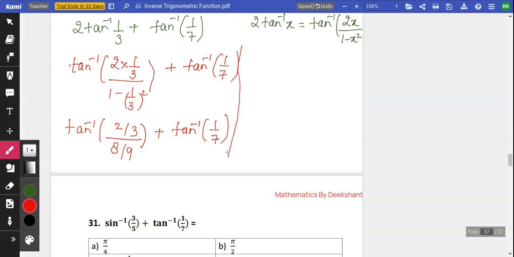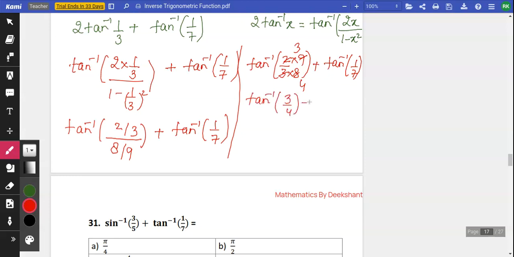So in the next part, write it as tan inverse 2 by 3 multiplied by 8 by 9 plus tan inverse 1 upon 7. 2 4s are 8, 3 multiplied by 3 is 9. It becomes tan inverse 3 by 4 plus tan inverse 1 upon 7.